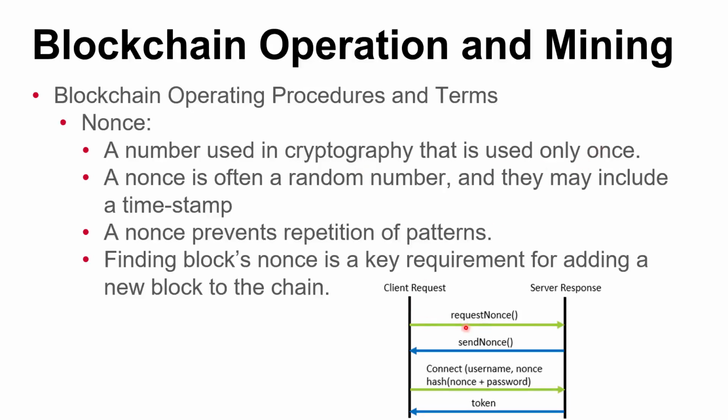You can see here the client request and server response. A nonce is requested, a nonce is then sent, and you can see here the username, the nonce, and the hash, and the nonce and password, and then a token is returned. So we can see some of the ways that the nonce is actually used.